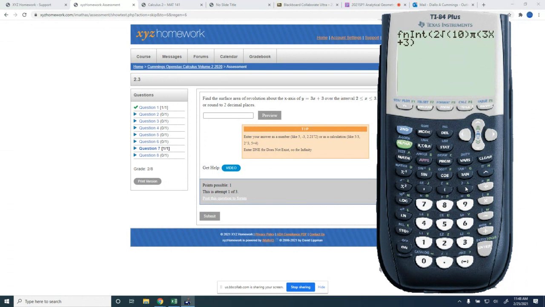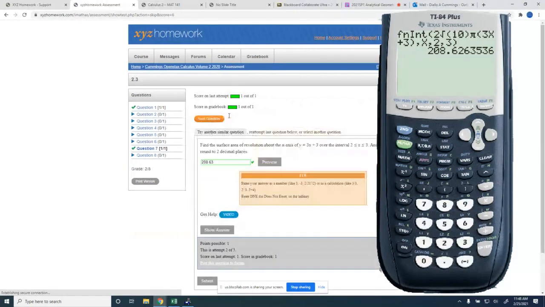You want to close off your function, comma, x is the variable of integration, and we're integrating this on the interval from 2 to 3. And we have our area of surface is 208.63.